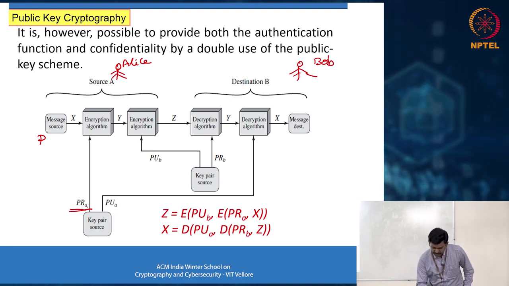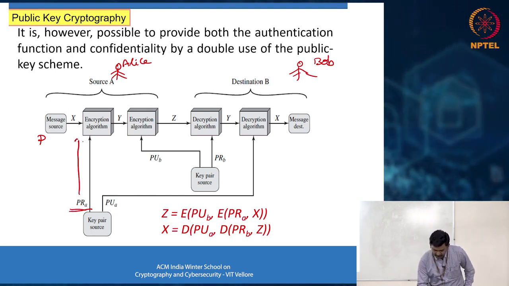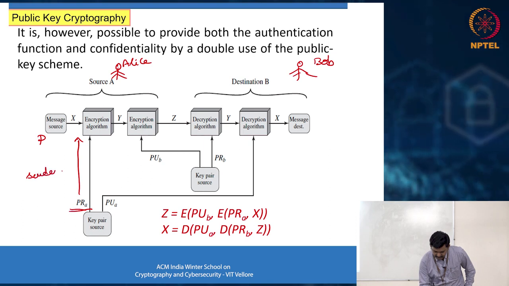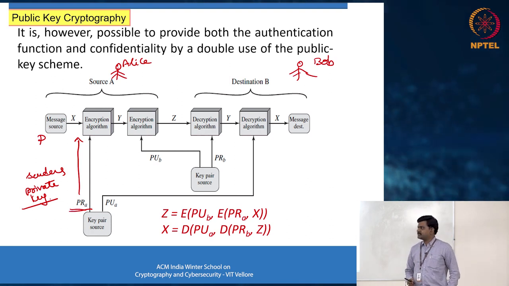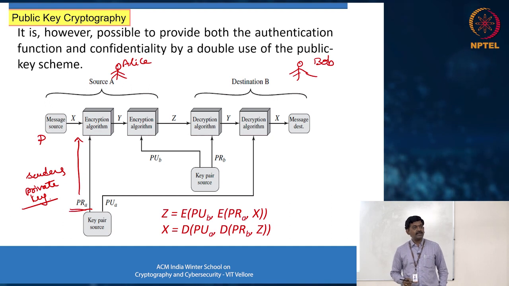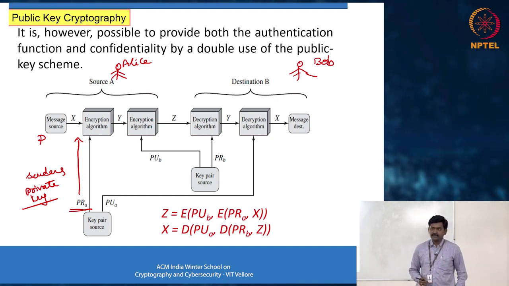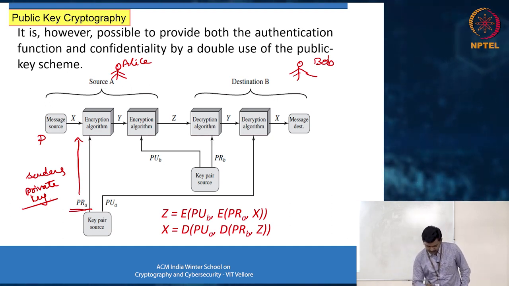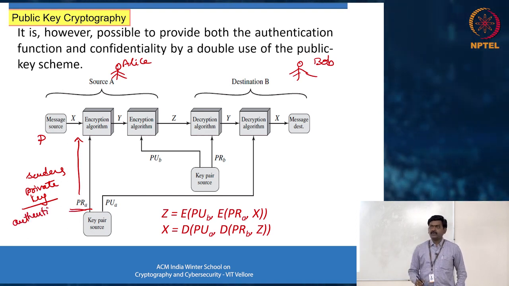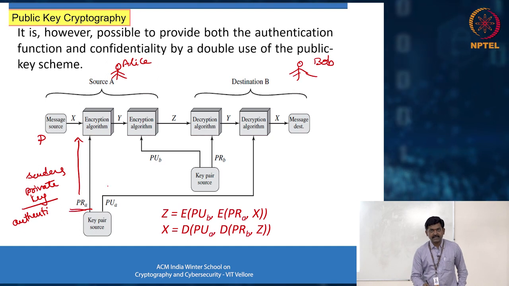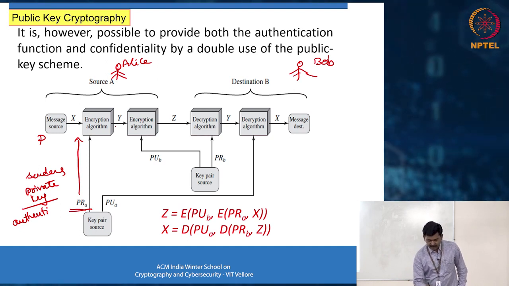So first you encrypt with the sender's private key. Encrypting with the sender's private key and decrypting with the sender's public key, what do you achieve? Authentication, right? Now, when you encrypt it with the private key of the sender, whatever you get is the intermediate ciphertext.